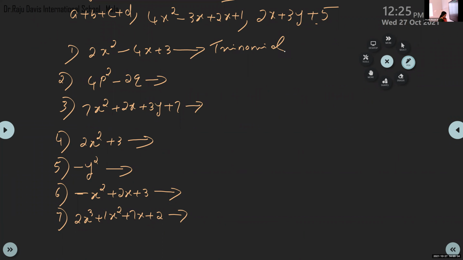Ma'am, second one is binomial. Binomial. Faisan, third one. Ma'am, third one is trinomial. Is it trinomial? Third one? Polynomial. More than 3 terms. So we can write polynomial.